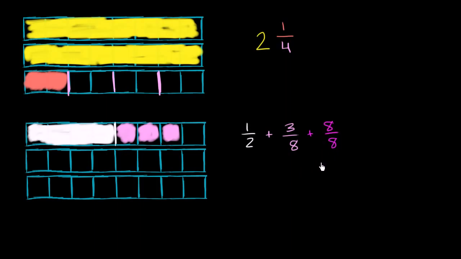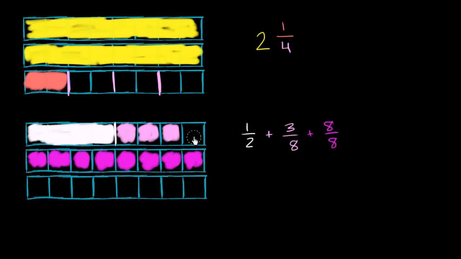Now what's 8/8? Well, 8/8 is a whole. I'll do that over here. I still haven't filled this one in yet, but I'll fill in this one right over here. So 8/8: that's 1/8, 2/8, 3/8, 4/8, 5/8, 6/8, 7/8, and 8/8. And it's a whole. So I have a whole here.